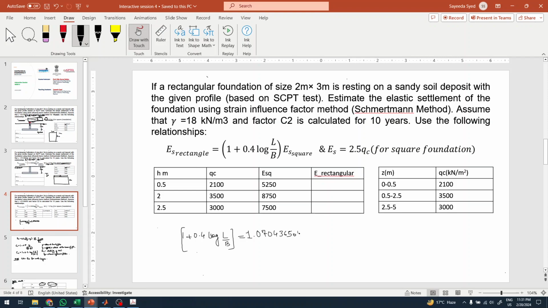Okay, 04. So let me multiply this 1.070.